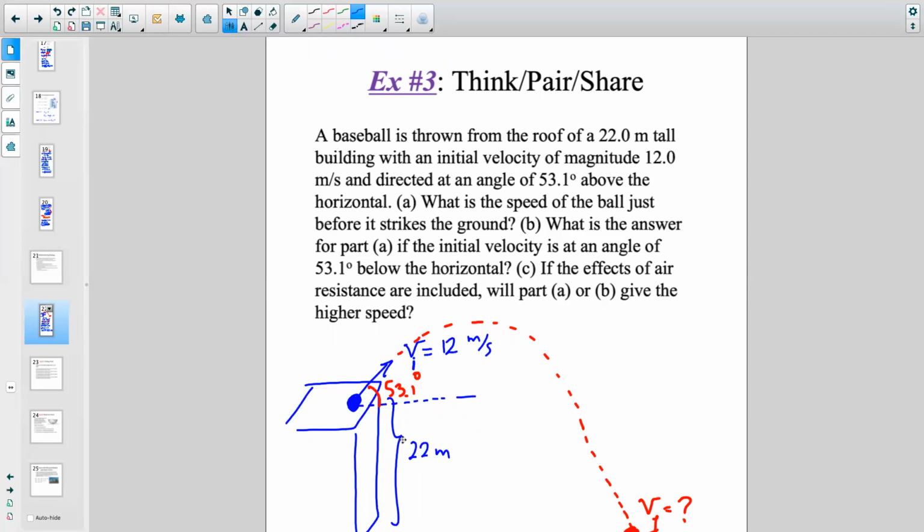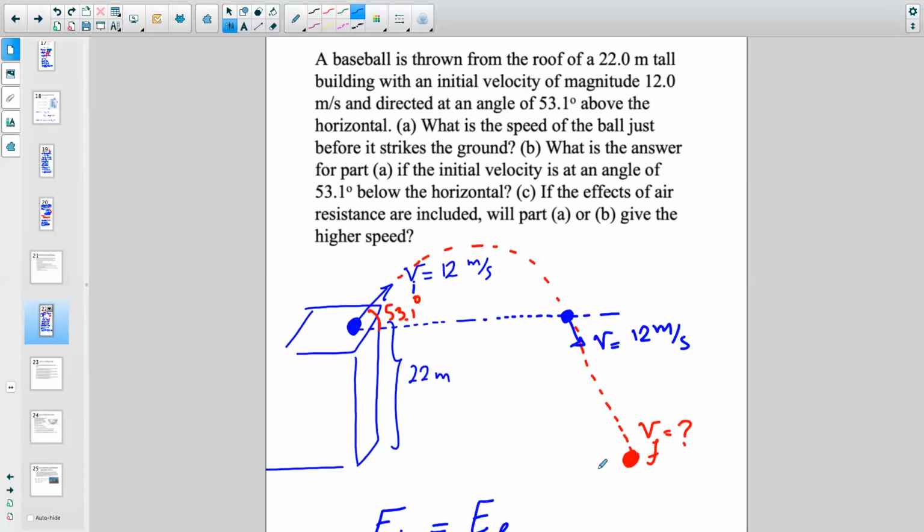The only difference is that with the velocity 53.1 degrees above the horizontal, the projectile takes much longer to come down, because when the ball gets back to this point, it will have the same speed of 12 meters per second, but downward. So there is no change if you are aiming this velocity 53.1 degrees down.